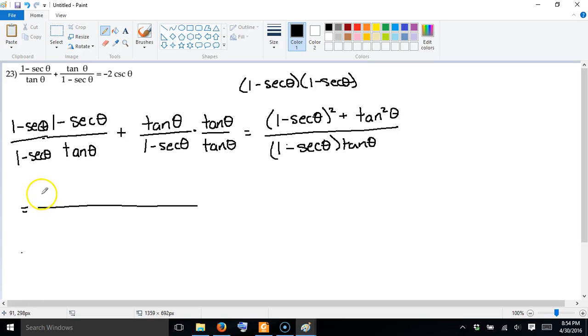Here we go. We get 1 minus 2 secant theta plus secant squared theta, and then plus the tangent squared theta. I'm going to keep the denominator in its factored form, not distributing the tangent throughout, not yet anyway. Let's see if we can cancel any of these factors with each other.